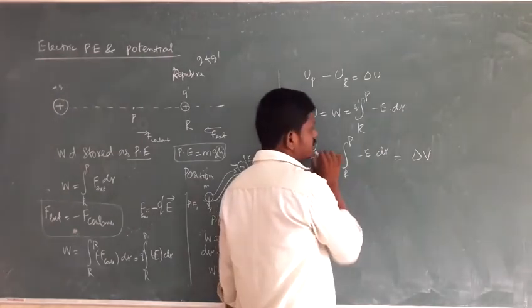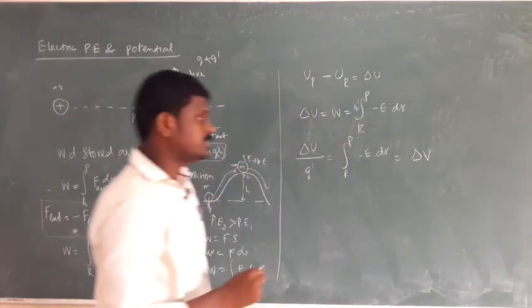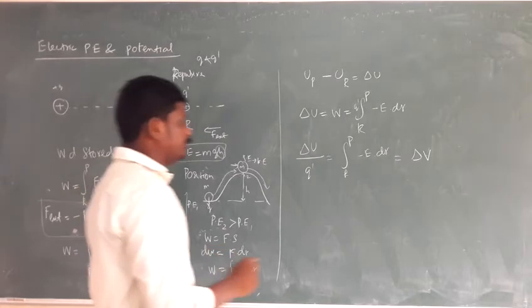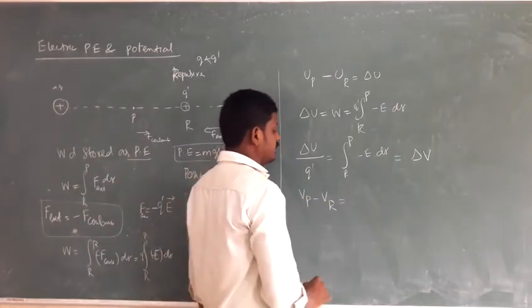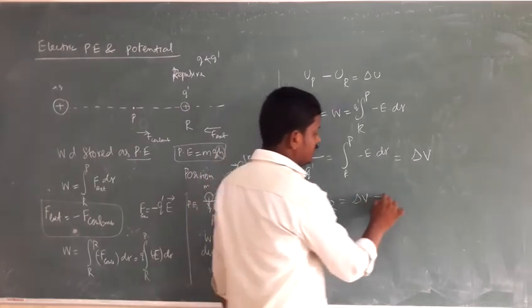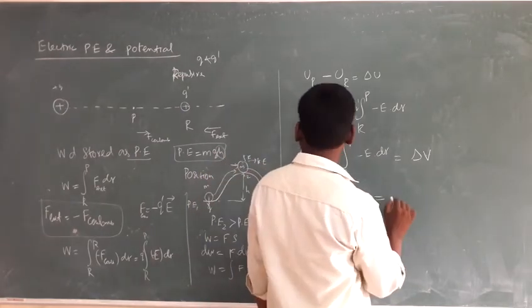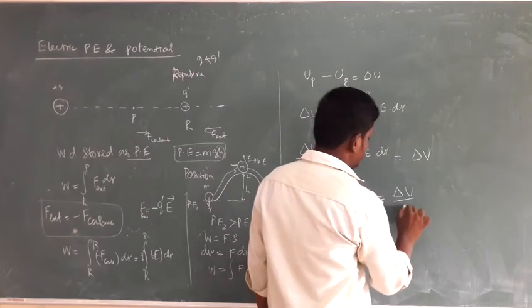What is the change in potential? The potential at P and the potential at R: Vp minus Vr is equal to delta V. So delta V is also equal to delta U by Q'.